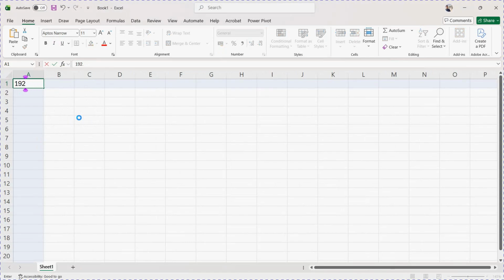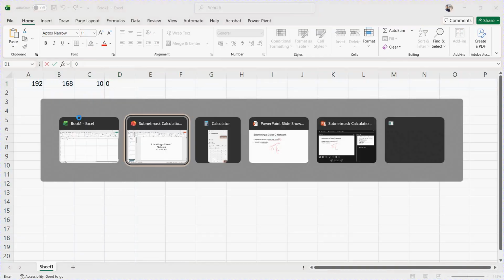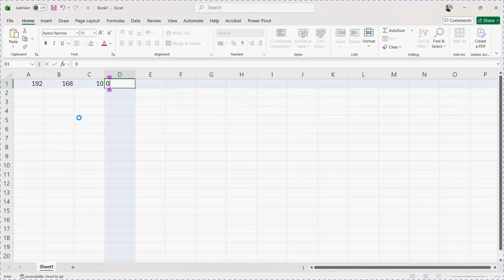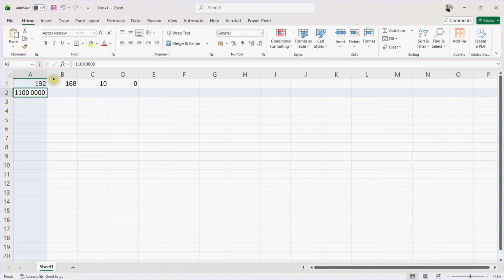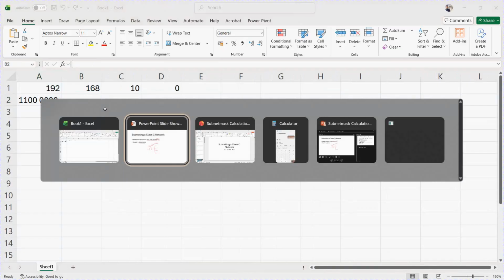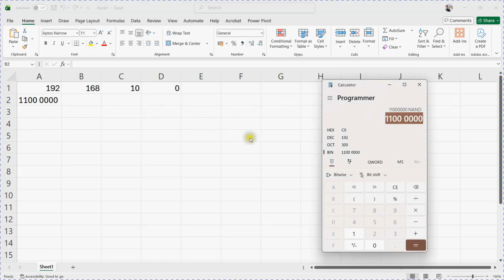So the IP is 192.168.10.1. This is 192. Next, 168. What is the binary number for 168?